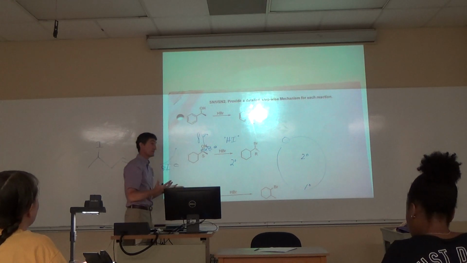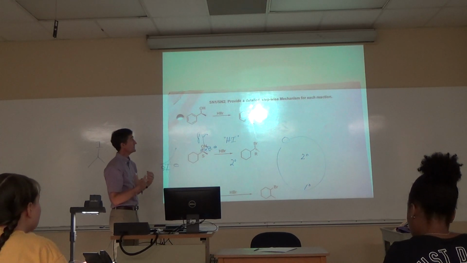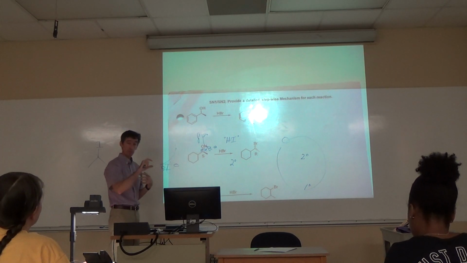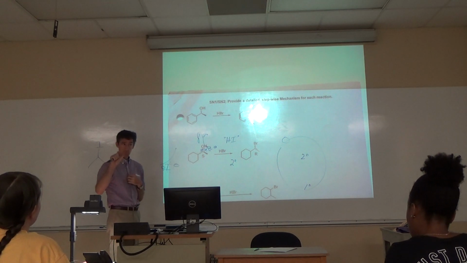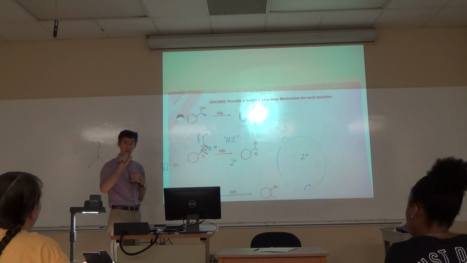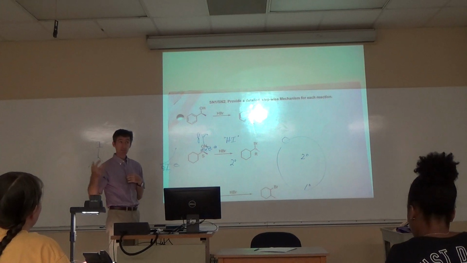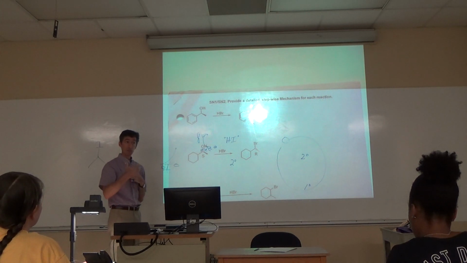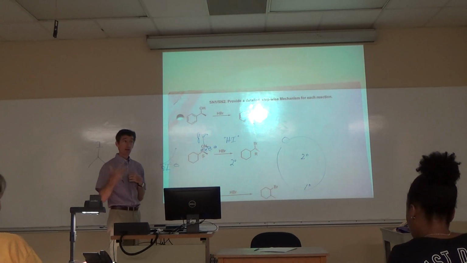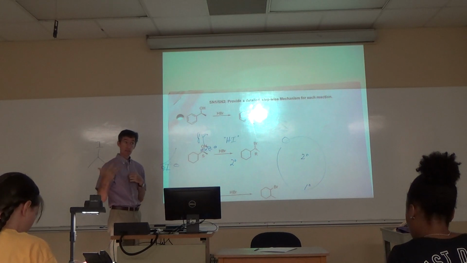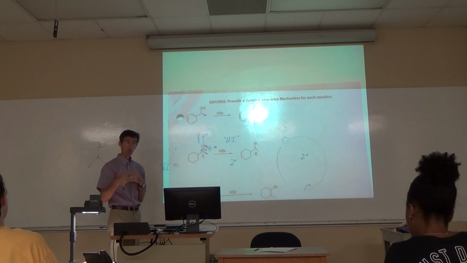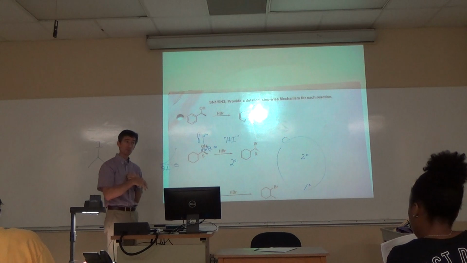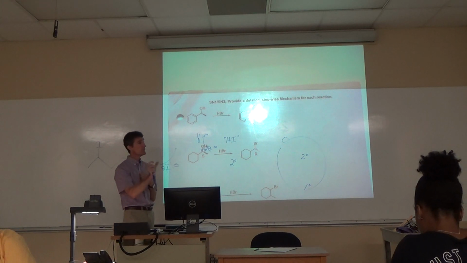It can be a little tough. Unless maybe you were given, and remember the previous quiz, I gave a little rate information. It said if sodium chloride was added, the rate increases. That tells you that chloride must be involved in the rate determining step. That means it must have been SN2, because only the nucleophile is involved in the rate determining step of the SN2. So I gave you a little extra information there.